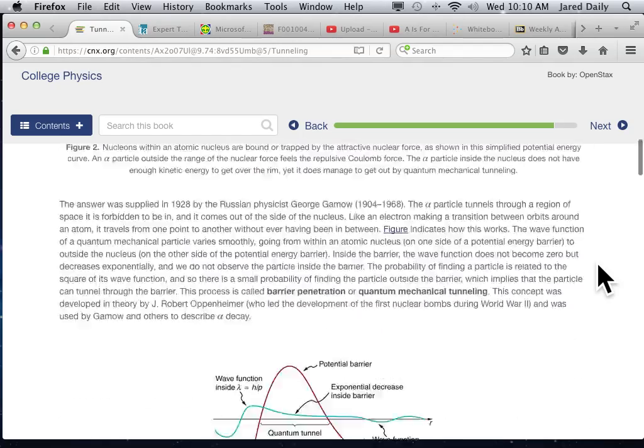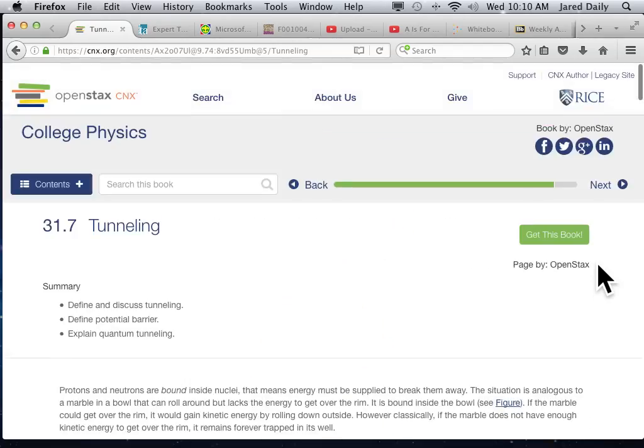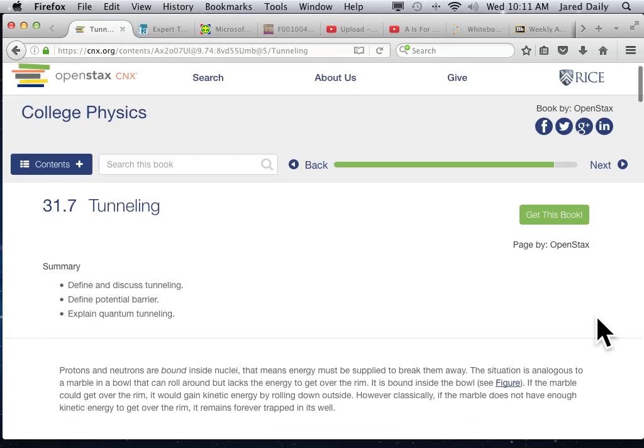Here they're talking about a phenomenon of atomic physics called tunneling. So you can think of particles that are inside the nucleus as being inside of like a well or a bowl, where the walls of the well or the walls of the bowl are the binding energy that's holding the atom together.